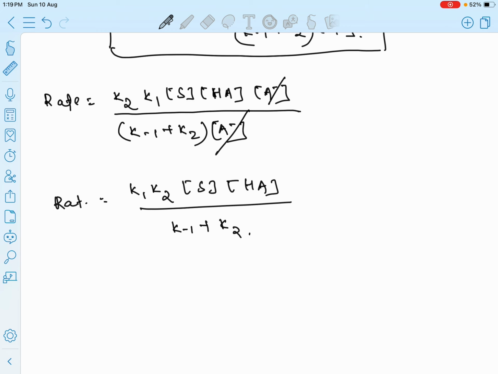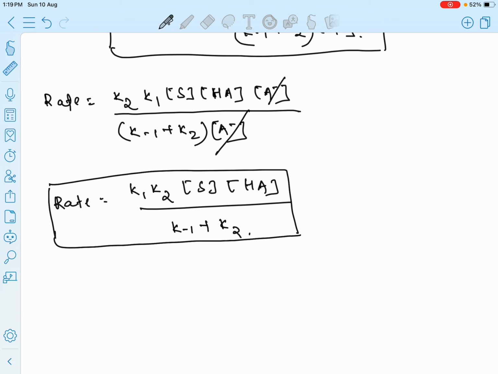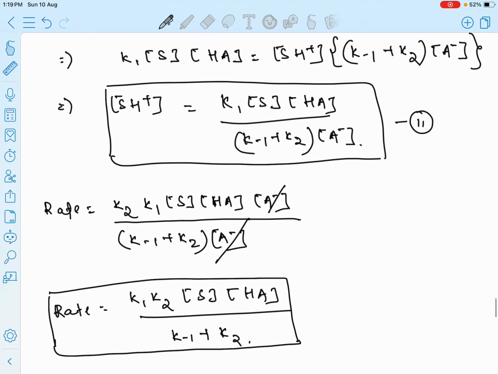This is the rate expression involving A minus as a proton receiver in the final step.